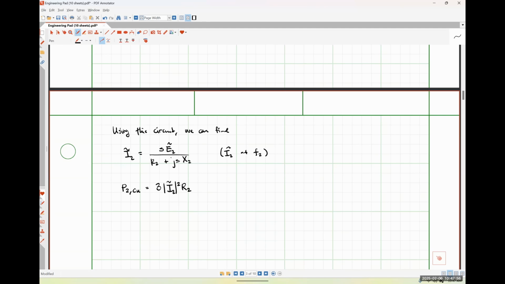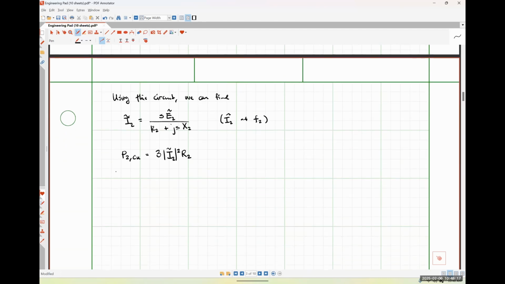Now, this equation is a little bit misleading because it's not taking into account that slip is going to have an impact on our expression, okay? So to account for slip, we can rewrite our current equation as follows.